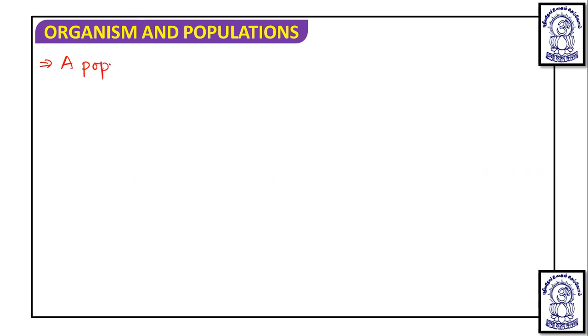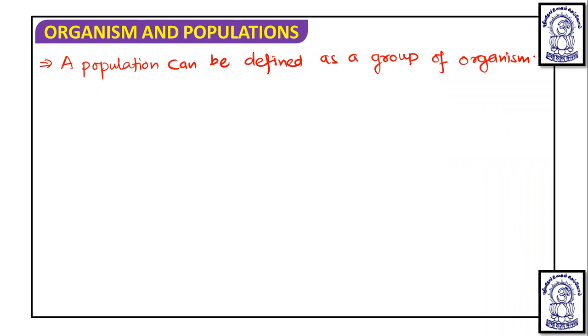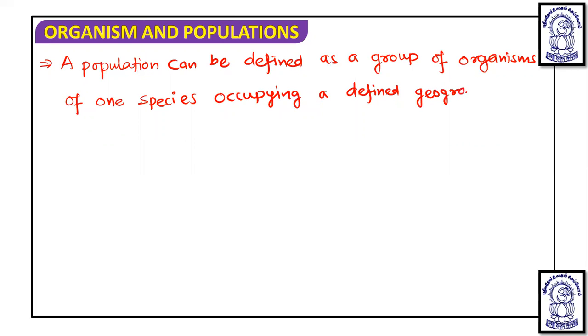So a population can be defined as a group of organisms of one species occupying a defined geographical area.